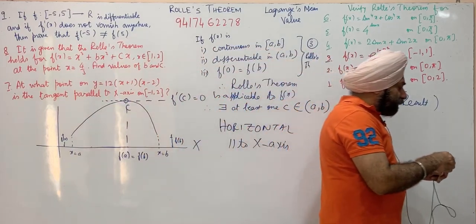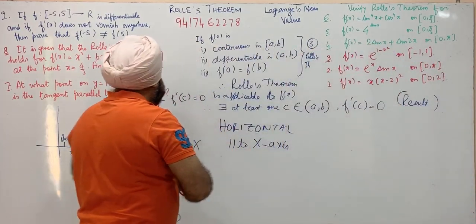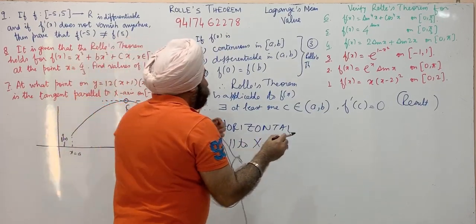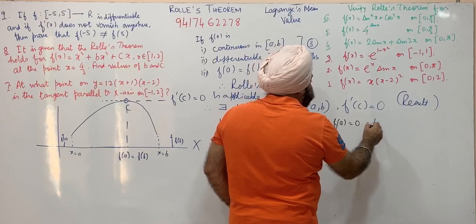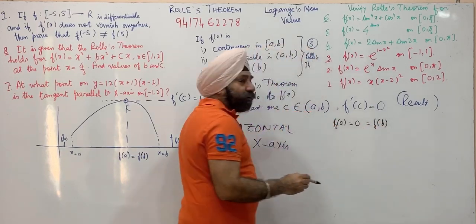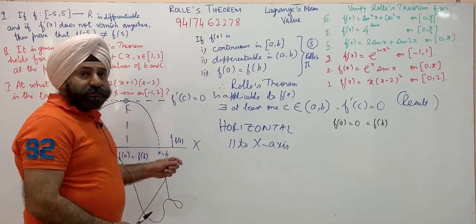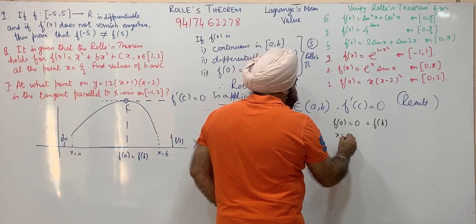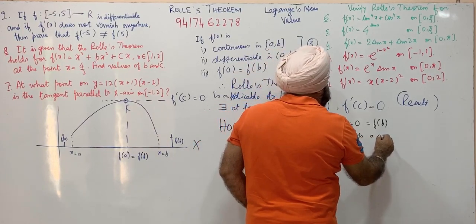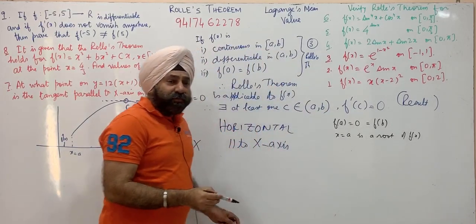We can understand this in another way. Let's say we have f of a equal to 0 and f of b also equal to 0. F of a equal to f of b is the condition of Rolle's theorem. Let us say each is equal to 0. So x equal to a is a root of f of x, and similarly f of b is equal to 0.